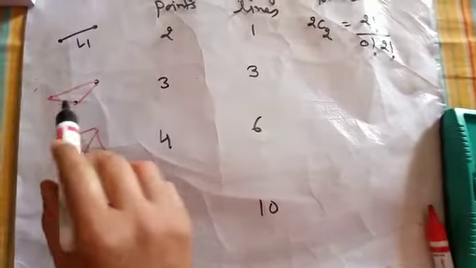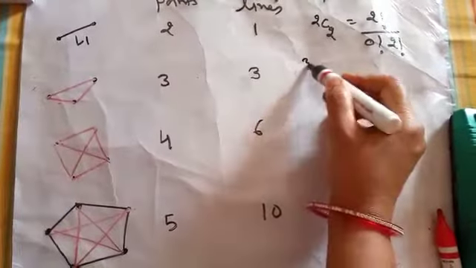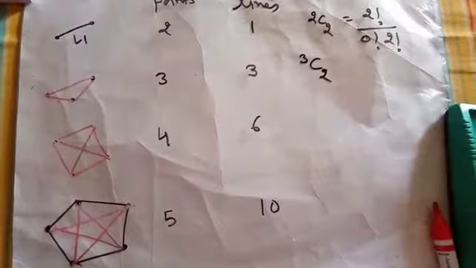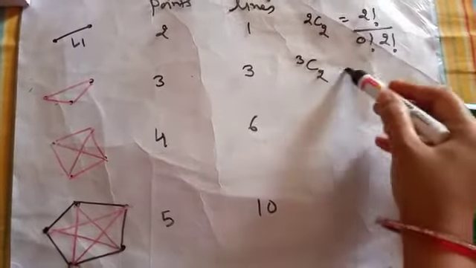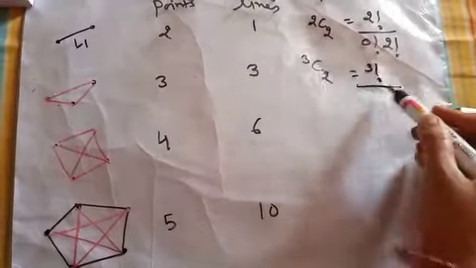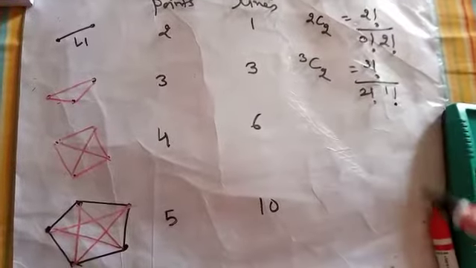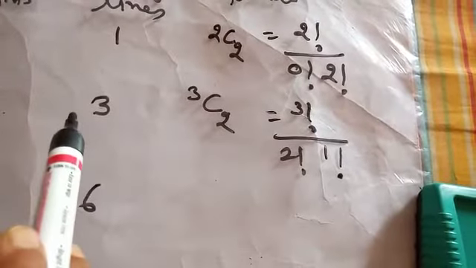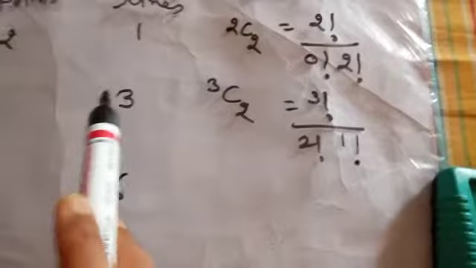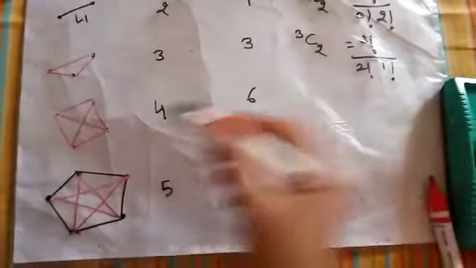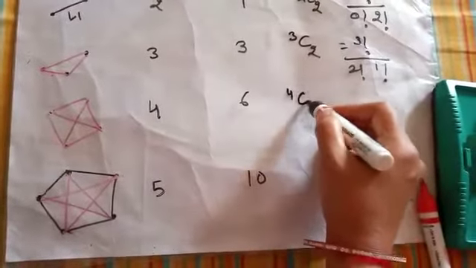Now suppose we have 3 points, then out of 3 to make a line you need 2. So it is 3C2. 3C2 is 3 factorial upon 2 factorial into 1 factorial. You will simplify all this and you will get 3. Now if we have 4 points, then it is 4C2.